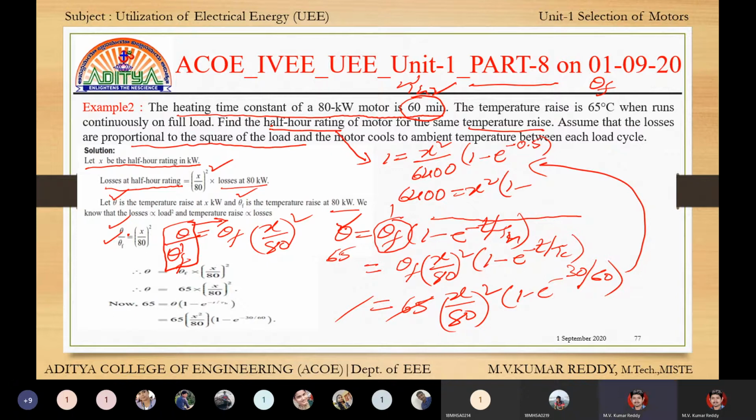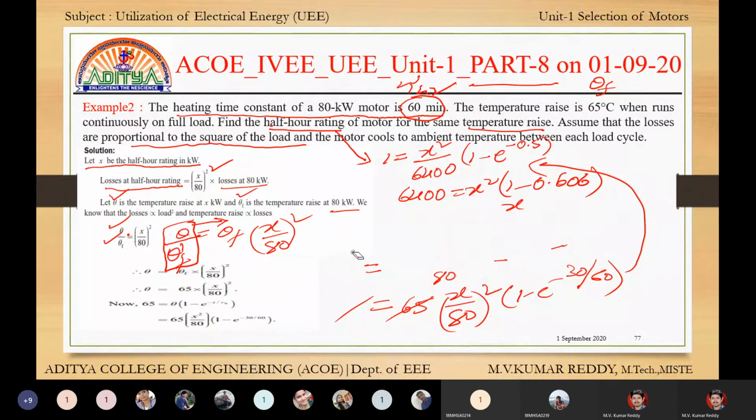Then 1 minus 0.606 is 0.393. So 6400 is equal to x square into 0.393.